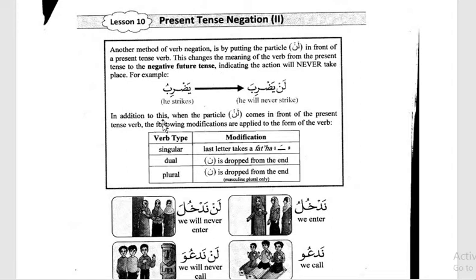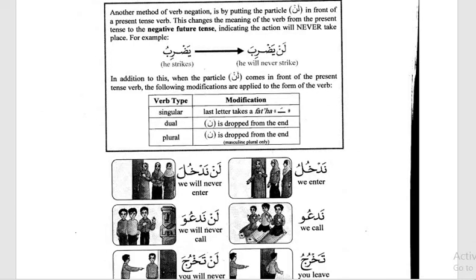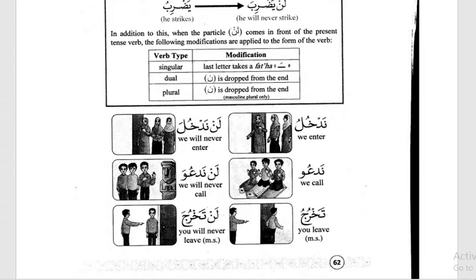In addition, when the particle len comes in front of the present tense verb, the following modifications or changes are applied to the form of the verb. So let's know what these changes are.